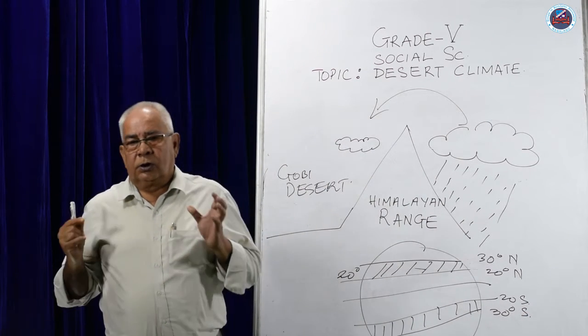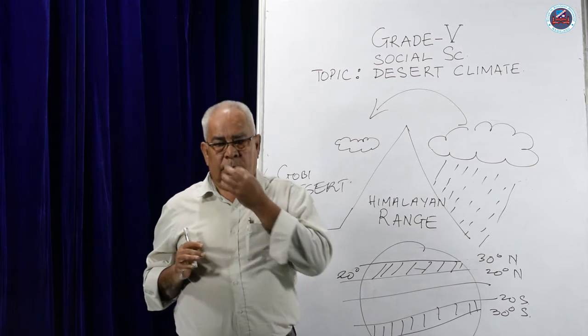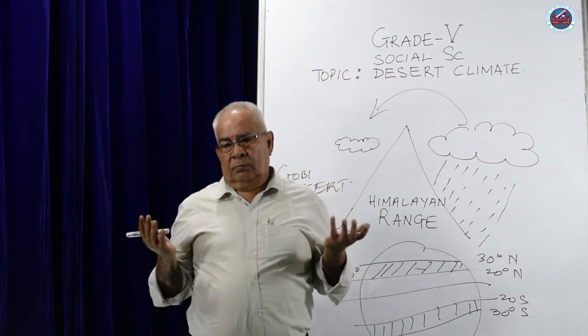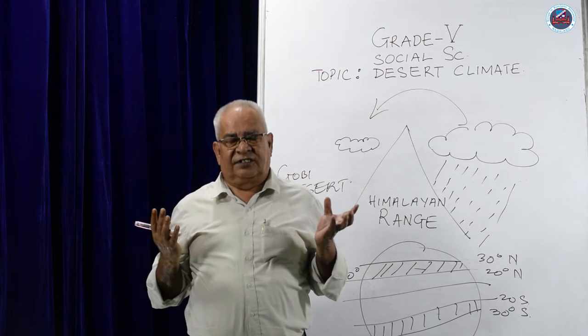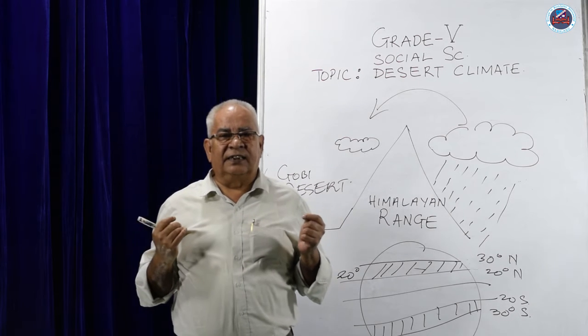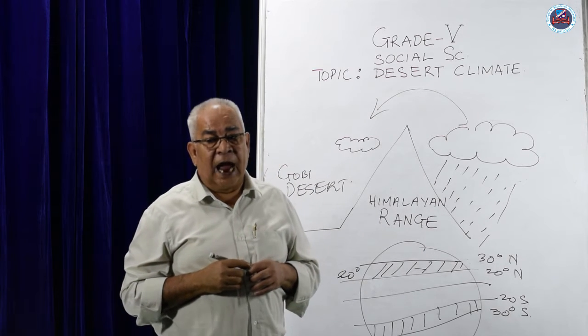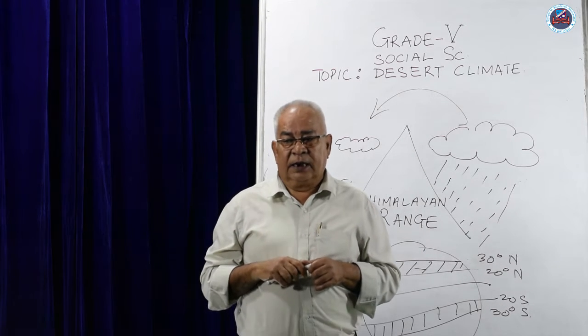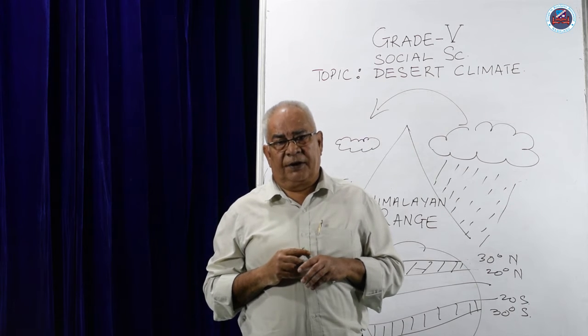Now, cold deserts. Let's talk about the cold deserts. We have, let us say, two cold deserts in the world. First is the Gobi Desert, which is in Asia, and the Patagonian Desert, which is in South America.